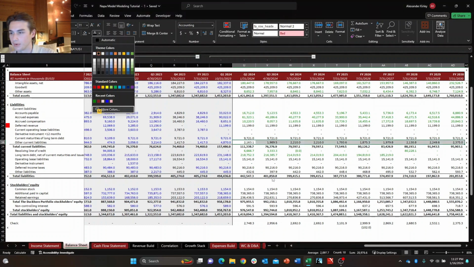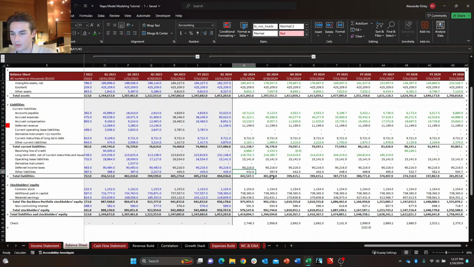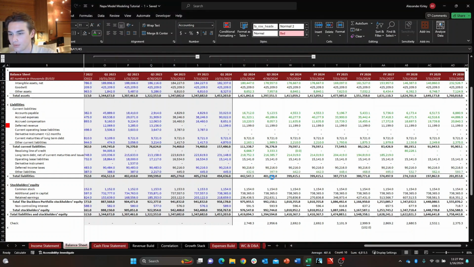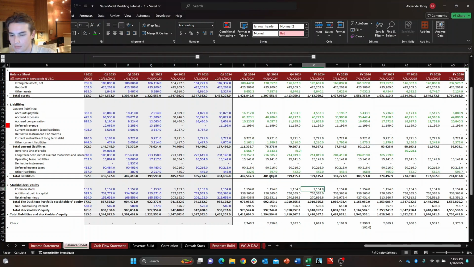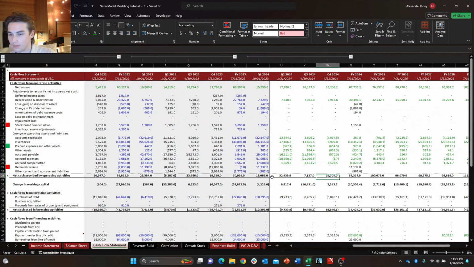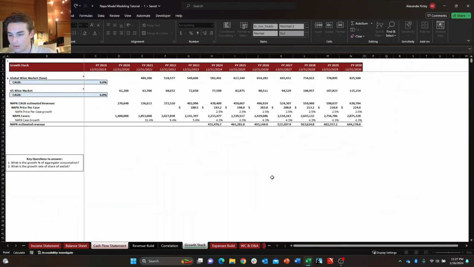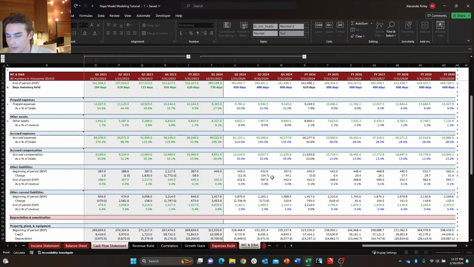Excellent, I'll turn these both. Now we see, this is kind of altering things, so let's get into it. So a change in working capital here plus this.